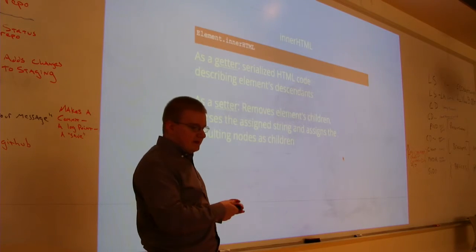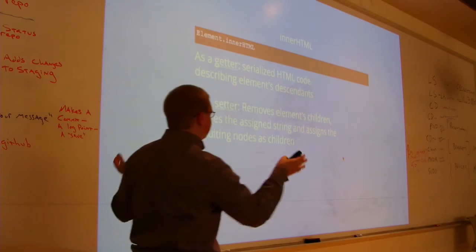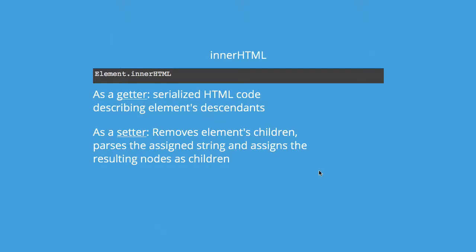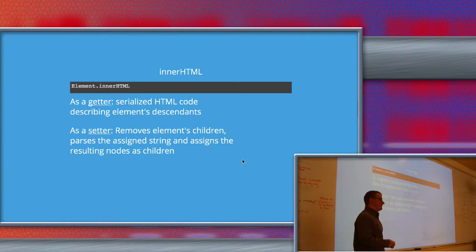As a setter, if I say element.innerHTML equals and pass in a string, that's going to remove the element's children, parse the assigned string into real HTML, and then assign the resulting nodes as the children nodes of that element.